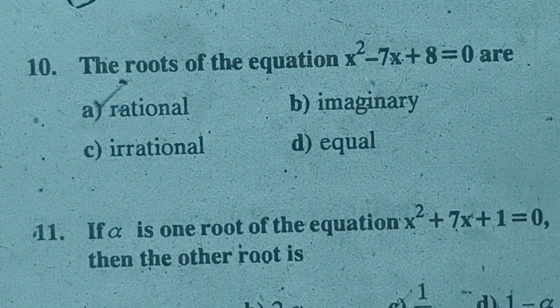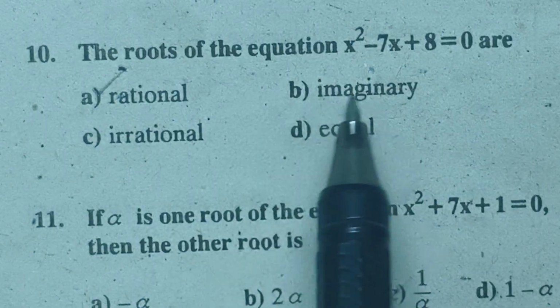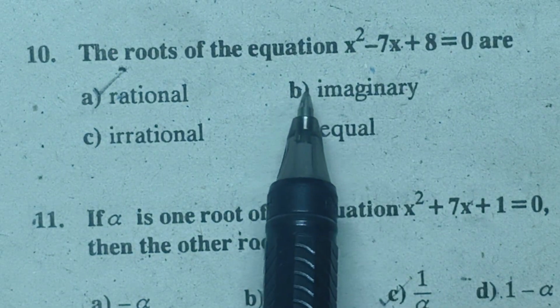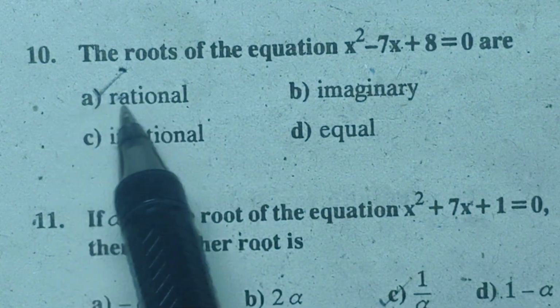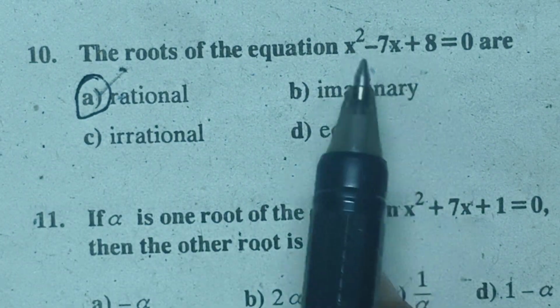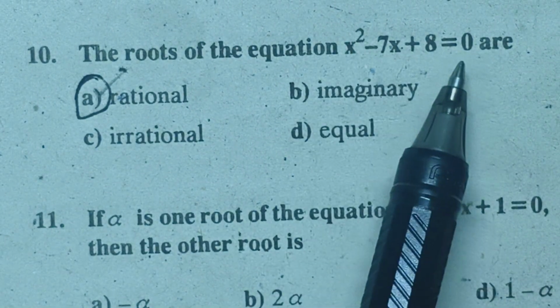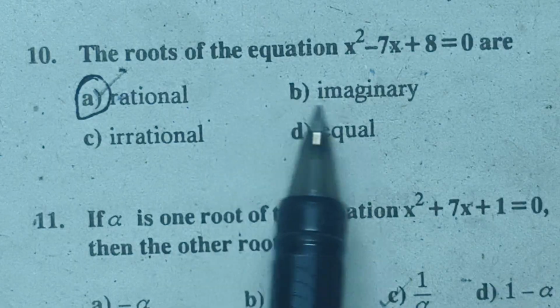The roots of the equation x squared minus 7x plus 8 is equal to 0. Option A is rational. If we solve this equation using the quadratic formula, this is rational only.